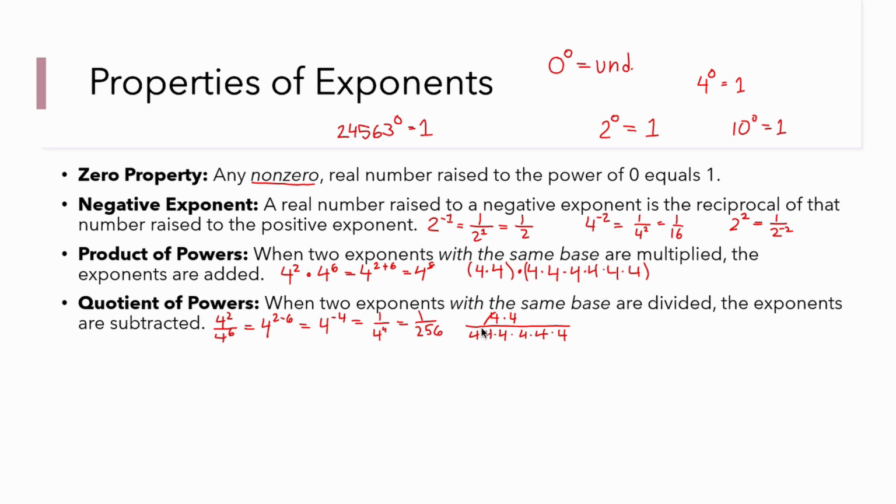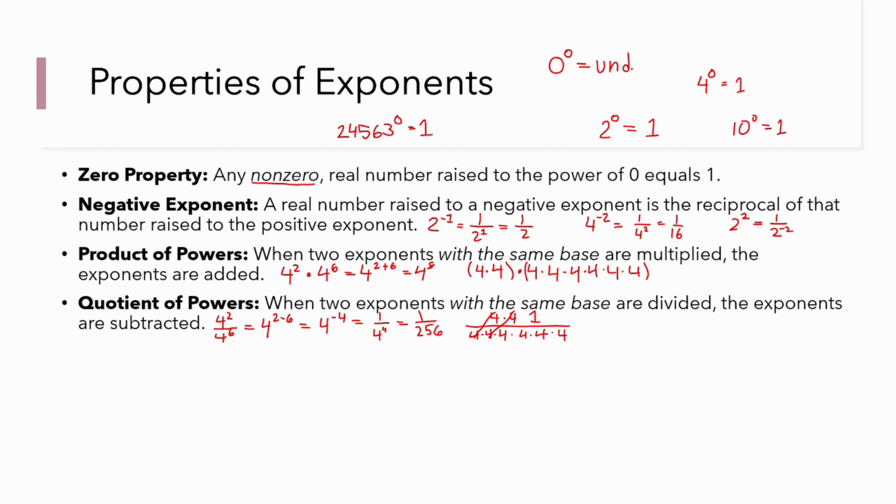So these two 4's cancel out and these two 4's cancel out, leaving us with 1 on the numerator and 4 times 4 times 4 times 4 on the denominator. Now this is equal to 4 to the power of 4. So we get 1 over 4 to the power of 4, which is also equal to 4 to the power of negative 4, which is equal to 1 over 256.